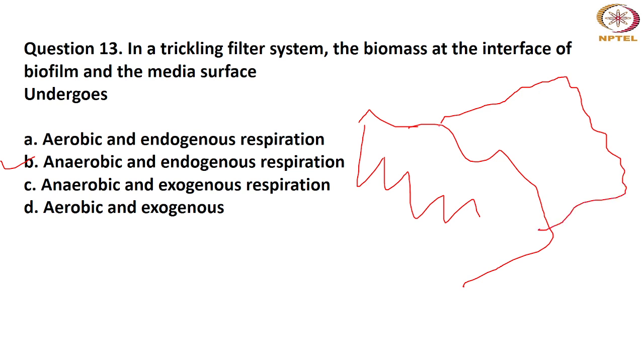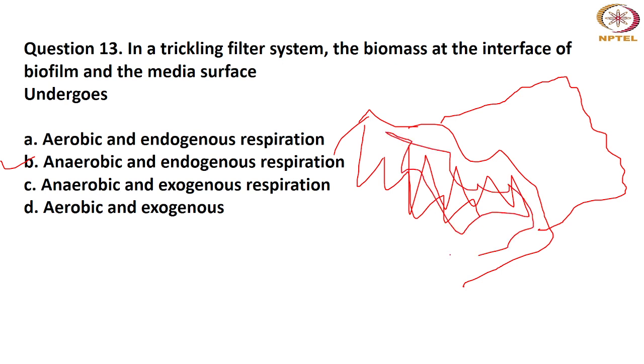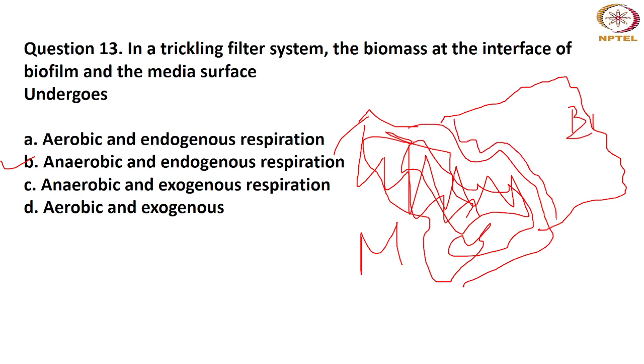The interface of this biofilm and the media surface, it might be any stone or any polymeric or plastic boulder. This is my media, and this is the biofilm, right? This portion, which is the interface, is our concern.